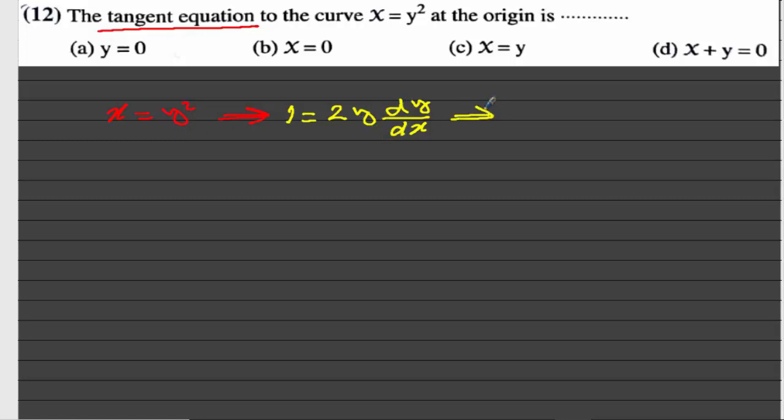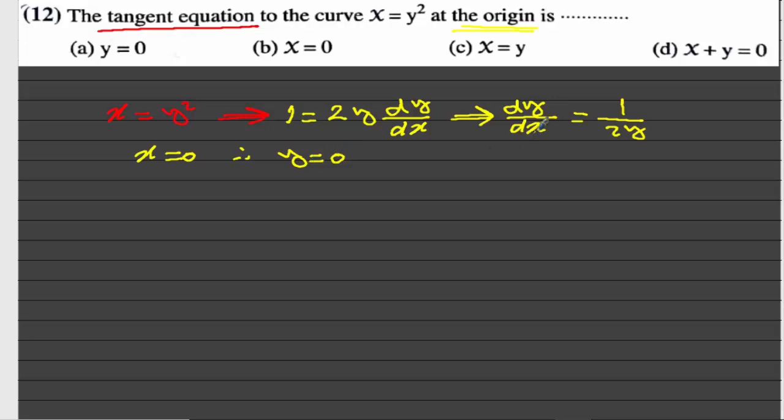And from that, you can deduce that dy/dx = 1/(2y). But here, the tangent equation to the curve x = y² at the origin. So the tangent passes through the point (0, 0). It means when x equals 0, then y equals 0.